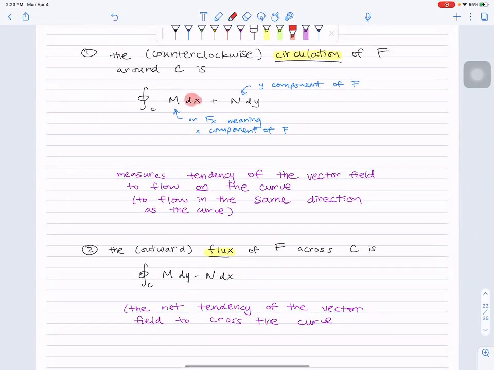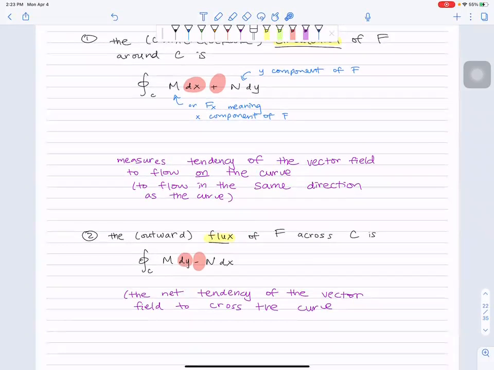So notice the differences here are that the x's and y's are flipped, and here you have a plus, here you have a minus. So circulation and flux are very similar, but the formulas are a bit different. I put a little interpretation here. Circulation measures the tendency of your vector field to flow in the same direction as the curve, whereas flux is the overall tendency of some vector field to cross a curve.